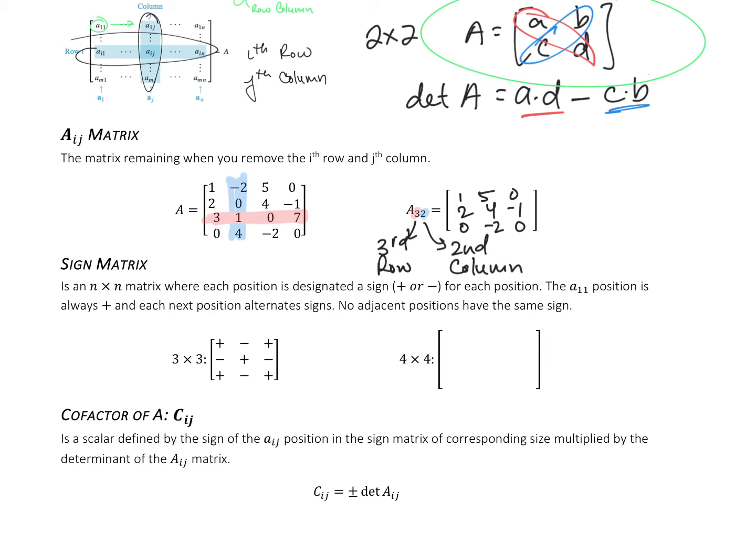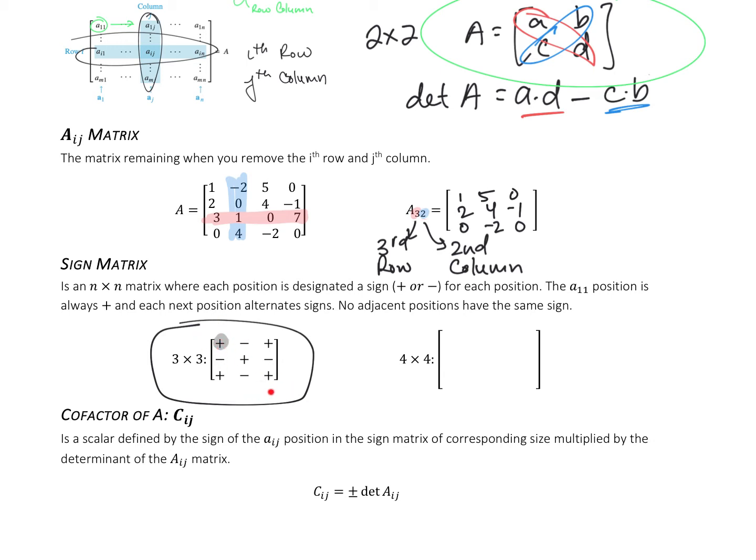The first position in any one of these is always going to be positive. Then, to figure out where all the other signs are, we just alternate from positive to negative as we move along, making sure that none of the adjacent positions have the same sign. Here's the 3 by 3 matrix, and adjacent means immediately to the left, right, above, or below.